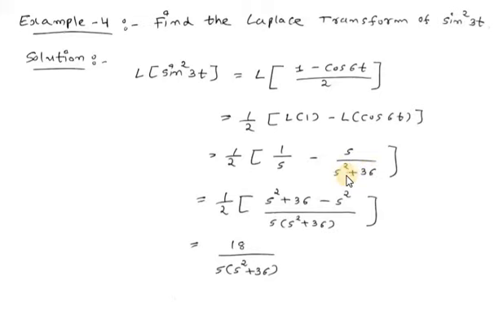Now we will simplify this function. We will find out the LCM, and that is s and s square plus 36. So multiplying 1 by s square plus 36, and after minus multiplying this s by this s, the result is s square. Now s square and s square will cancel out. 36 by 2, the answer is 18, and divided by s into bracket s square plus 36.